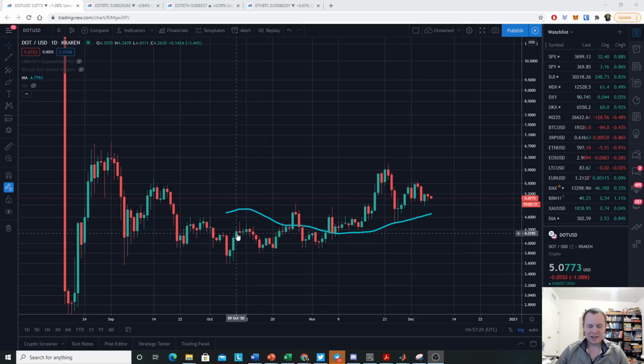So as we've said for a while now, I think, and I could be wrong, and this is not financial advice, of course, but I think this is a theoretical accumulation phase, right? Just generally an accumulation phase of Polkadot, especially against USD.